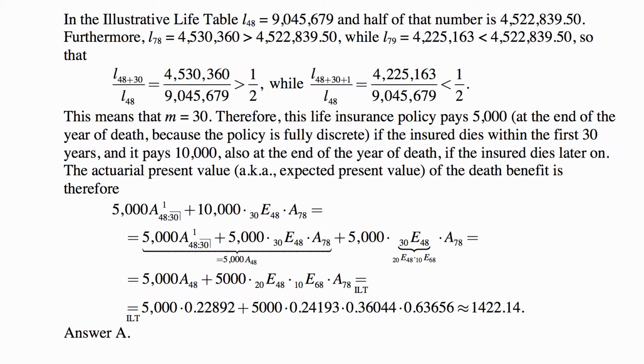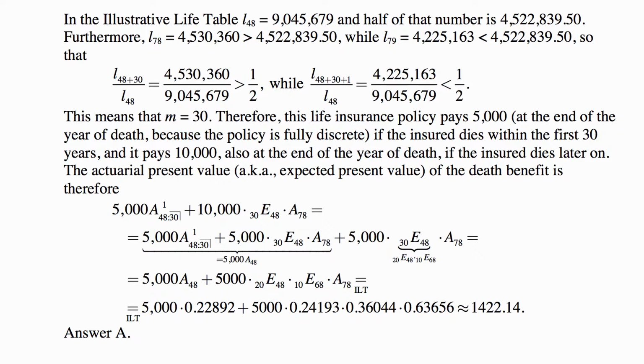So in the illustrative life table, we first need to find L48. And that's 9,045,679, and half of that number is 4,522,839.50. And then we see that L78, which is in the table 4,530,360, is more than 4,522,839.50, while L79 is less than that number.